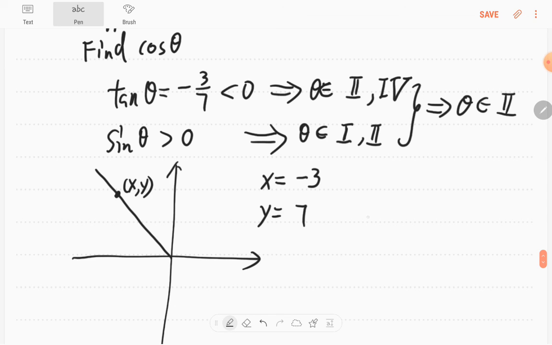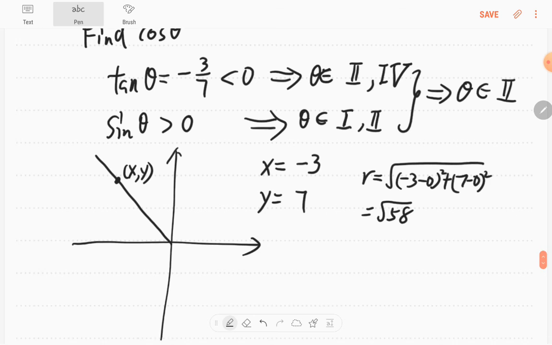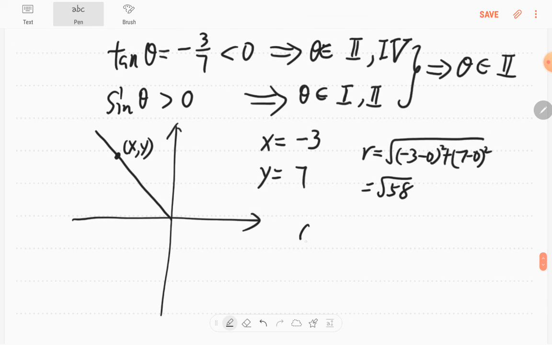So we have r, so we can calculate, if this point is -3 and 7, the distance, which is the square root of -3 minus 0 squared plus 7 minus 0 squared. It is equal to the square root of 58. And the cosine theta, the terminal side is on this line, equals x over r.